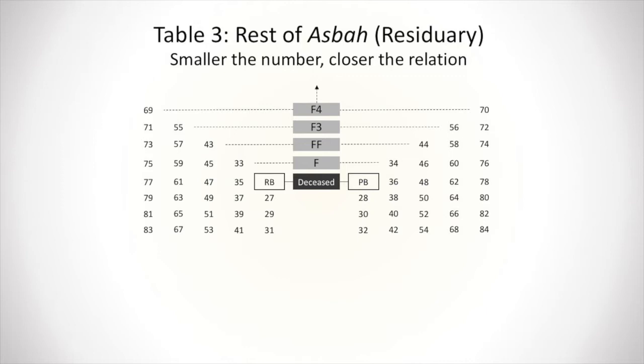Because what we would do is we would identify the closest in relationship and then assign all the remaining residuary property to that category. So in this table, the deceased person, male or female, is in the center.